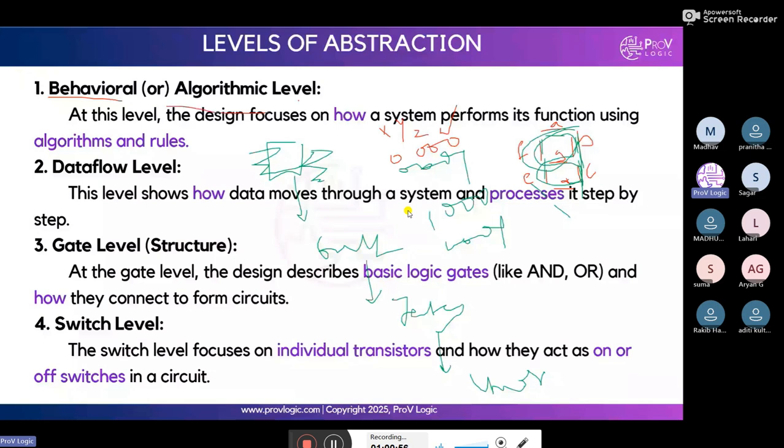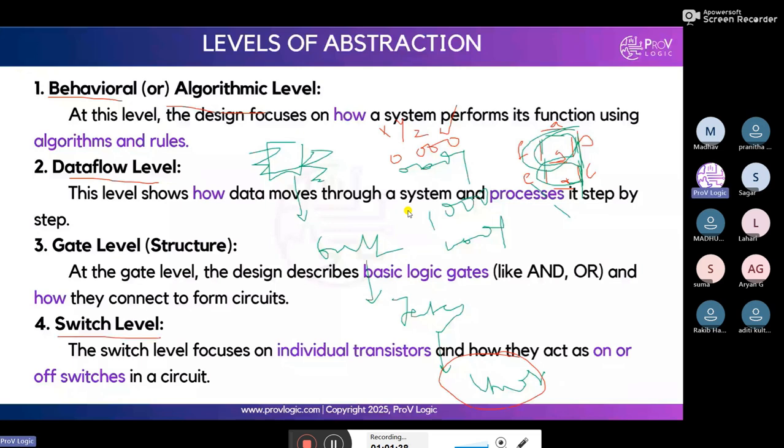If you write the program using the truth table, that's what we call behavioral modeling. If you write the program using the output expression, then it's called the data flow model. If you write the program using the gate level circuit netlist, then we call it the gate level. And if you write the program using the CMOS level, we call it the switch level.